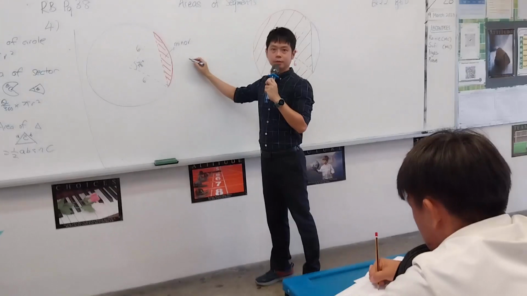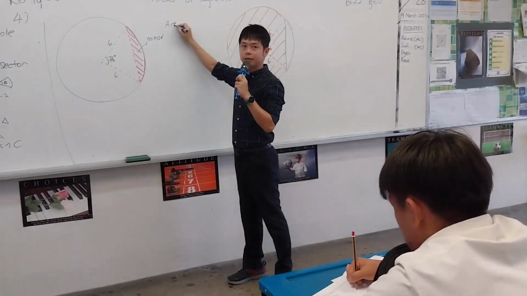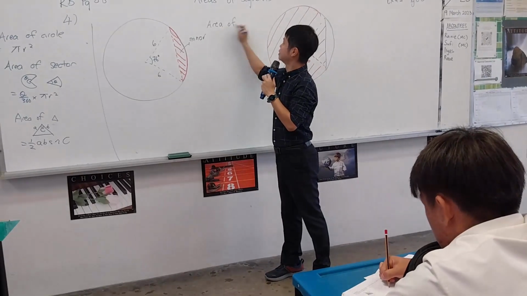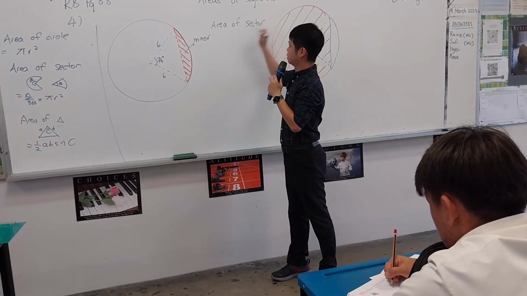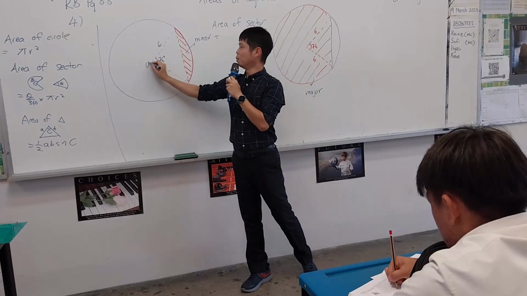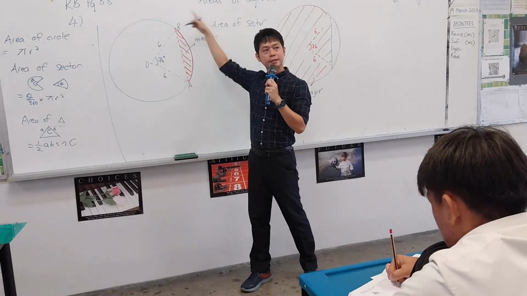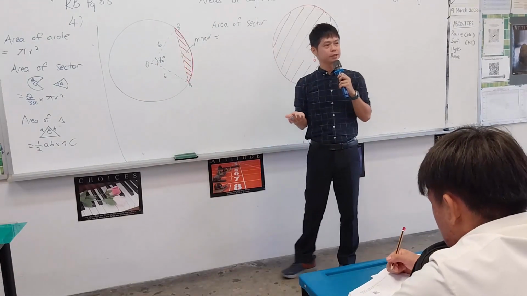Now to find the area of the segment, first we have to find the area of the sector. What is the area of this sector here, OAB, this minor sector? How do I find it?